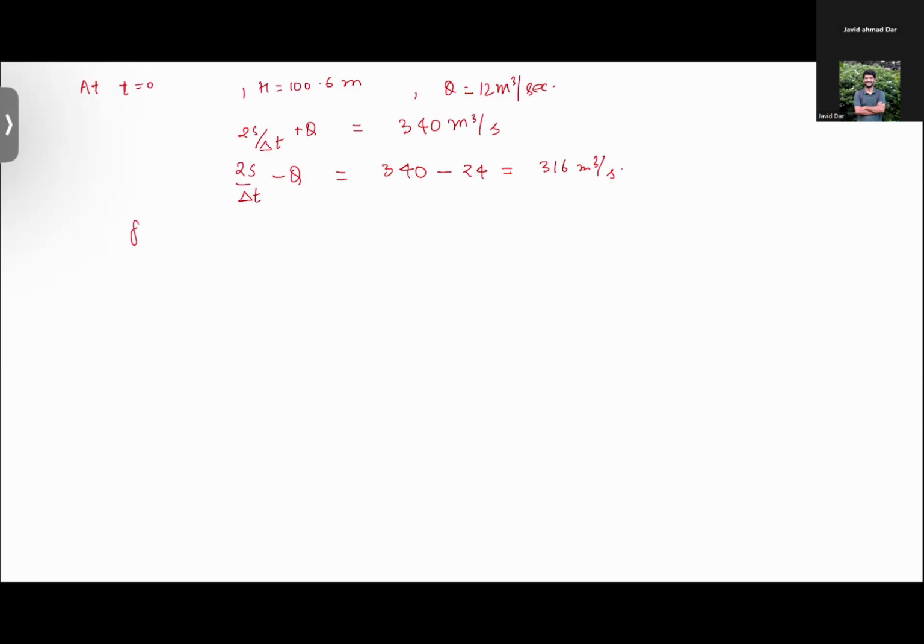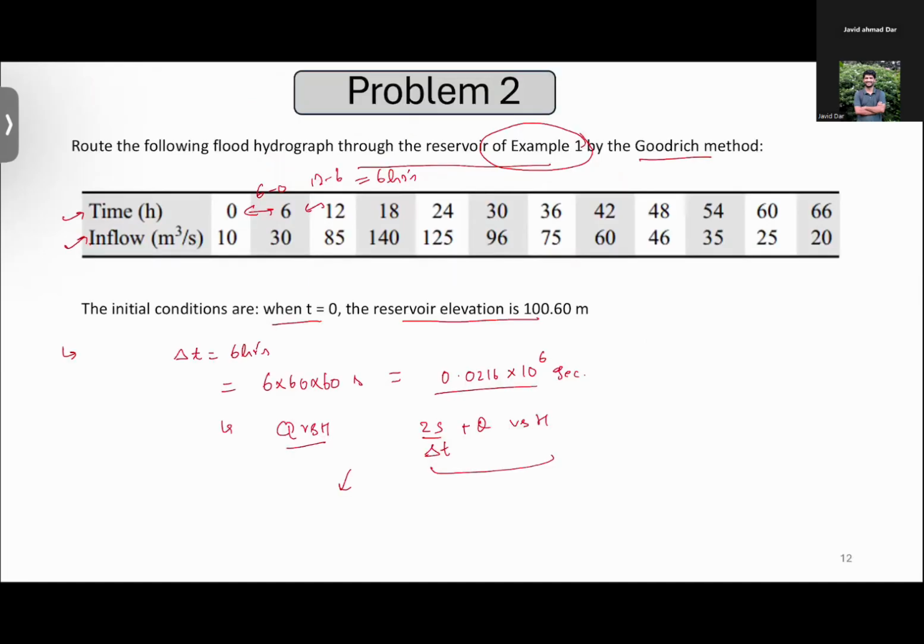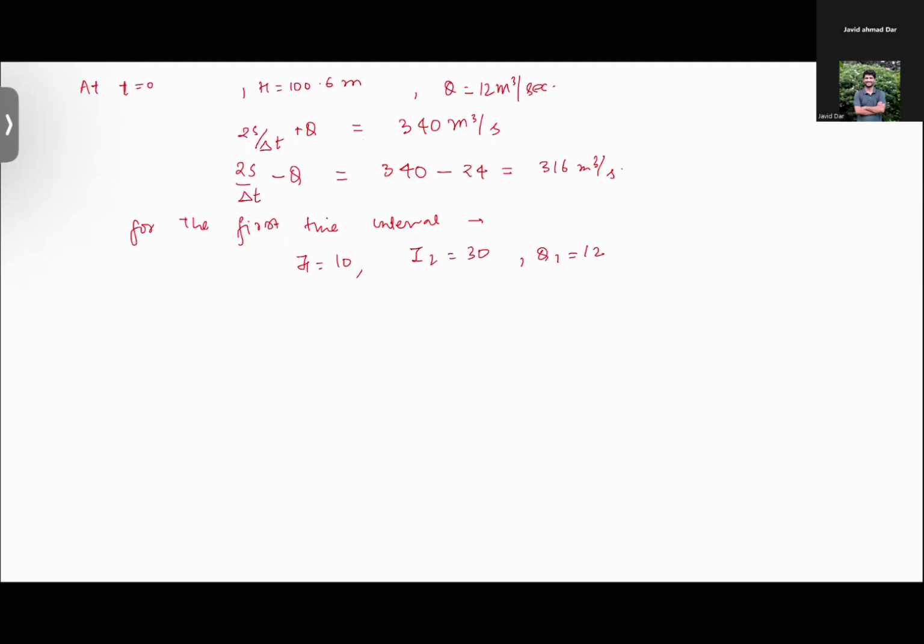For the first time interval, I1 is 10, I2 is 30, Q1 is 12. If you look into this, I1 and I2 are here. Now we use the equation: 2S upon delta T plus Q at the second time step is going to be I1 plus I2 plus 2S upon delta T minus Q at time step 1.